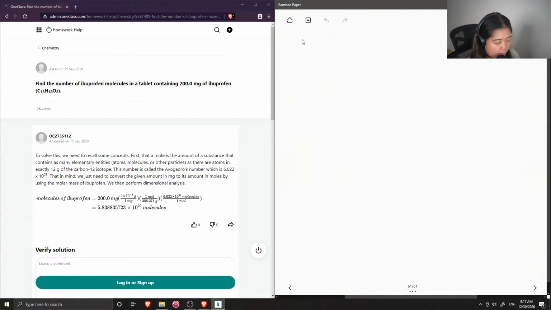Okay, so now we're on to question number 6. Find the number of ibuprofen molecules in a tablet containing 200 milligrams of ibuprofen. Okay, so this is a multi-step question. First, let's write out what we are given.